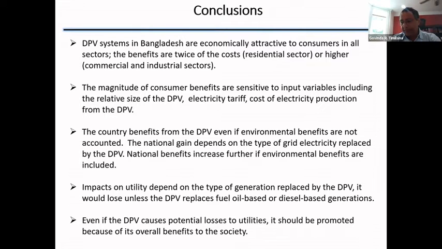They are the main barrier to the DPV at present. But we are trying to do independent analysis and show that that may not necessarily be the case. It depends on what type of generation is replaced by DPV. Now, I think Colombia has a lot of hydro, I guess, right? So in this case, maybe it could also be possible for DPV.